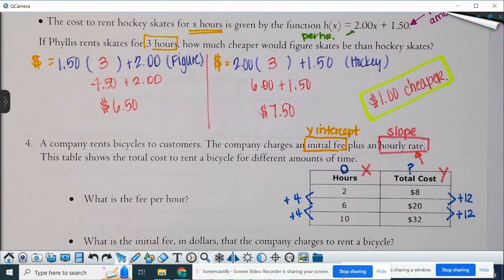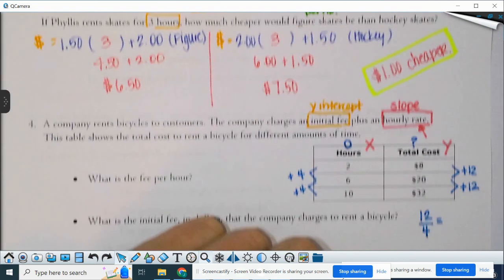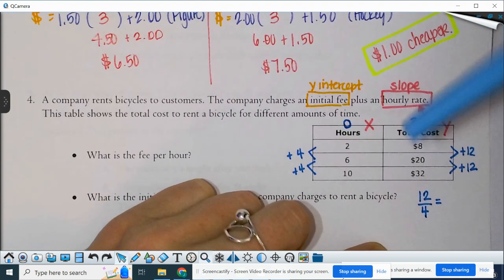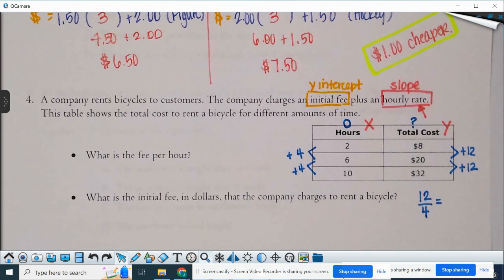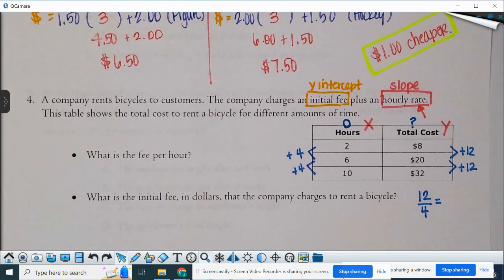So, who goes on top for slope, y or x? Good, so we're going to do 12 over 4. You never want to leave it 12 over 4. We're in high school, we always reduce fractions at this point. So how many times does 4 go into 12? It would go in there 3. Good. So we got a 3/1 slope.